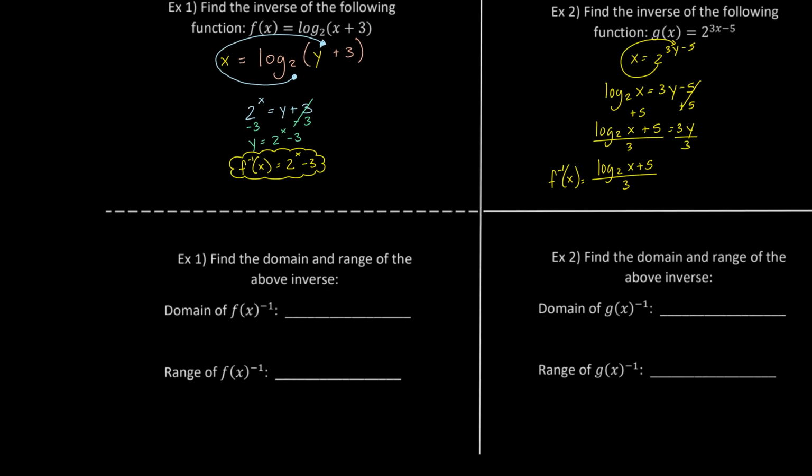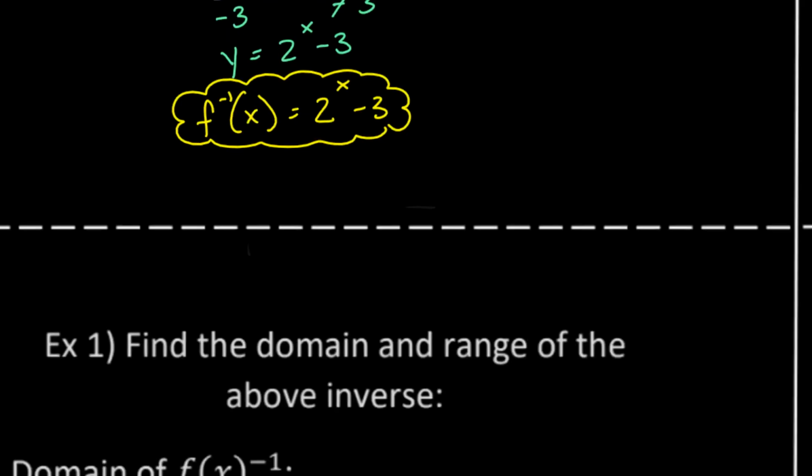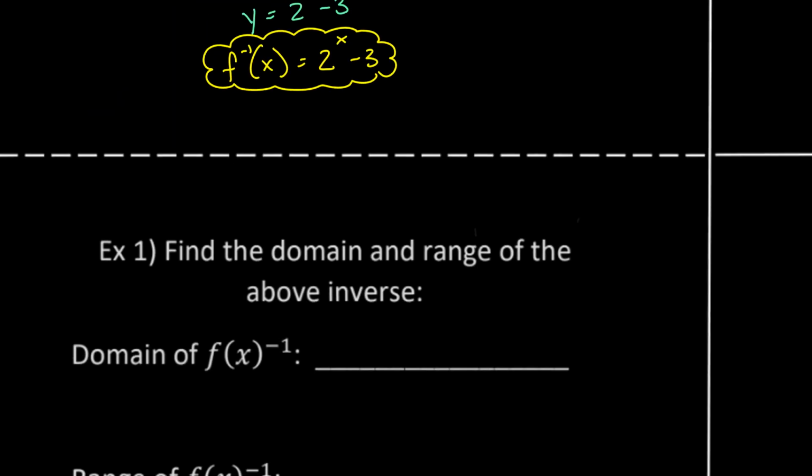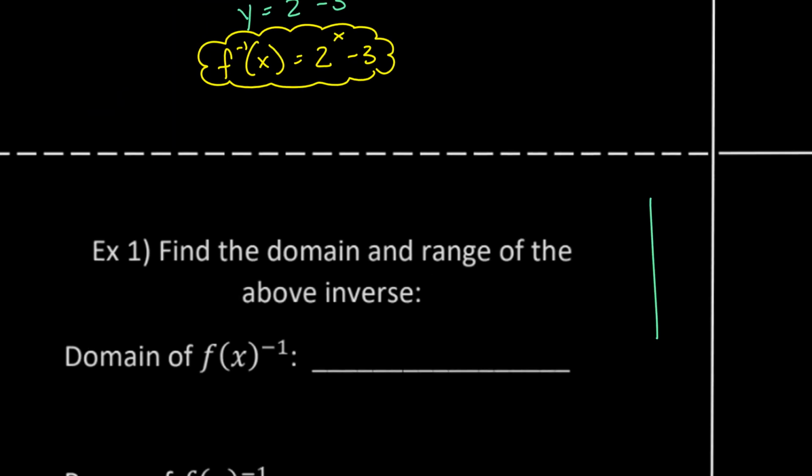All right, so now let's quickly go over the domain and range. Where is this function? Where has it moved? Down 3. Yeah, if we had a negative 3 after the x, that would mean we move to the right 3.